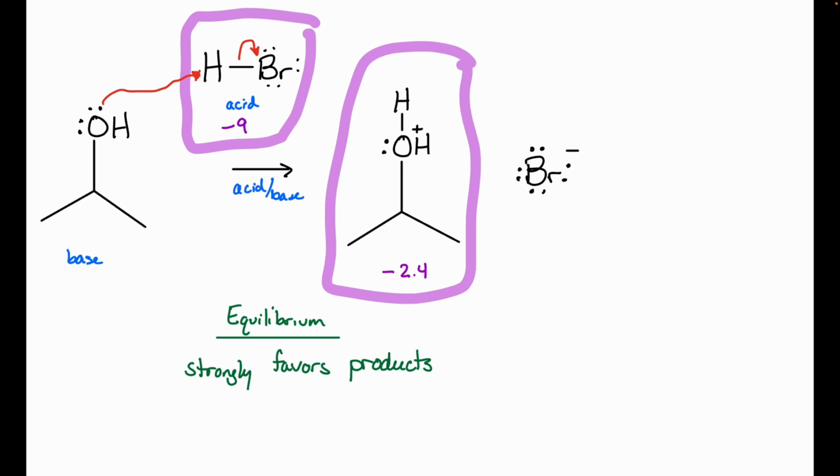Somebody had asked me, do I have to memorize that delta pKa formula? I don't think you have to memorize anything as long as you note that cutoff of 3, because you should be able to look and say whether it favors the products or the reactants just by classifying which one of these is the stronger acid. If you want to go through and remember conjugate acid minus acid and then -3 versus positive, all that jazz, go for it.